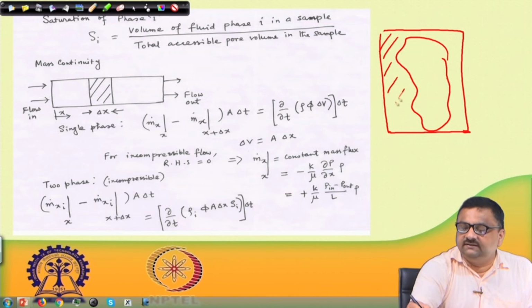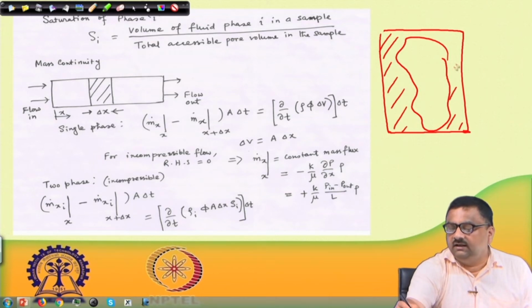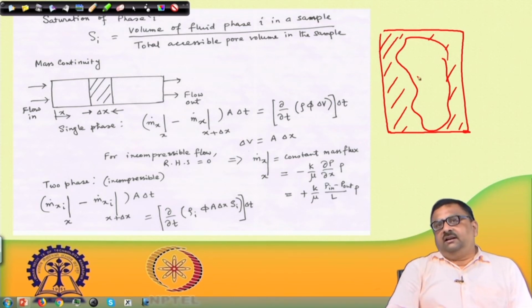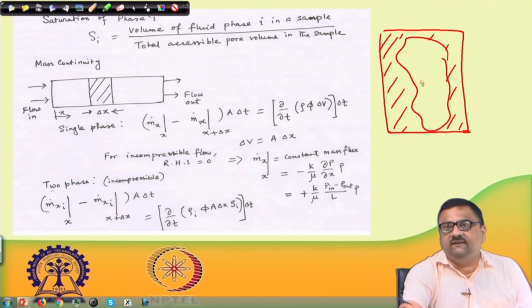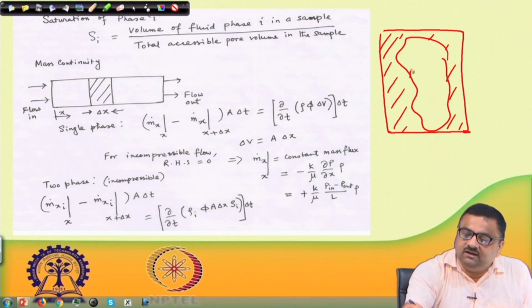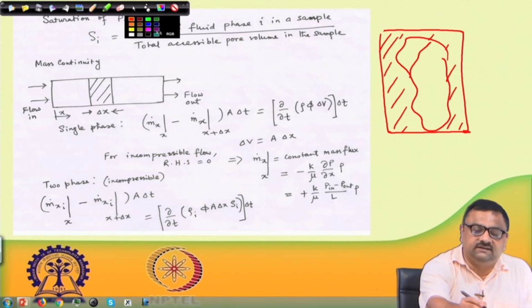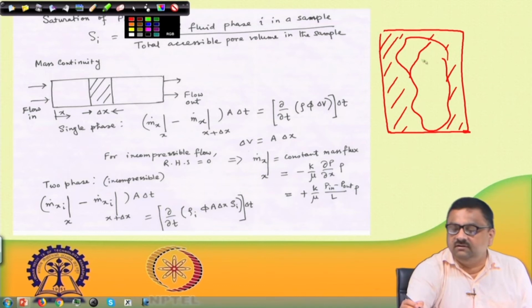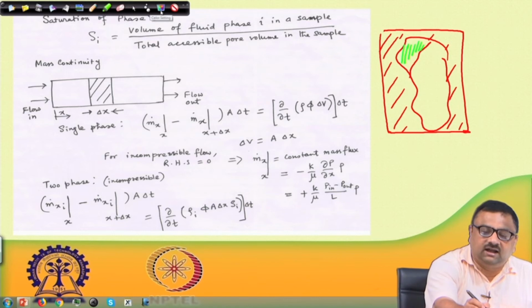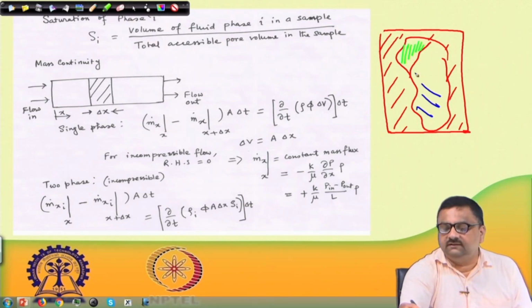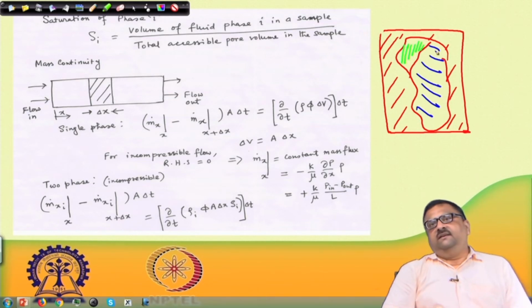Out of this is the solid part and this is the void part, and within this void I can have two different phases. We said water and oil, or wetting and non-wetting phases. So, we can think of two different phases present in this system. One is this particular phase and the other is, let us say, this particular phase.